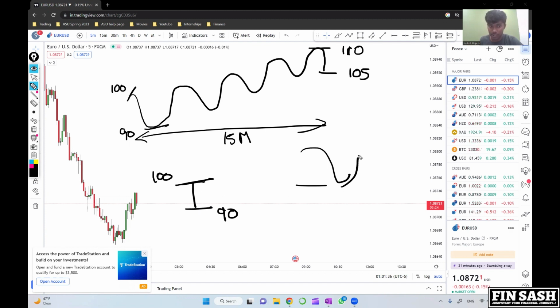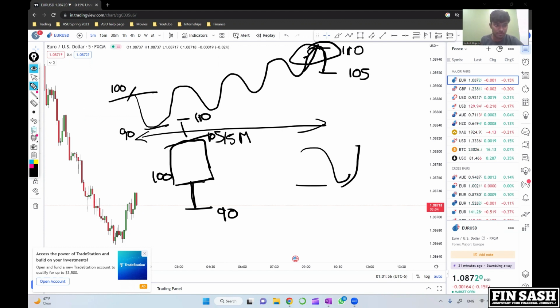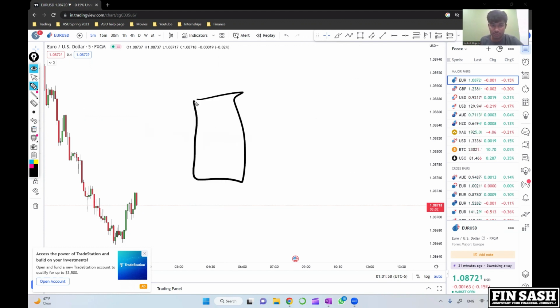And then it again went up, near the open, and it went further up, created a body, but it went this high to create the 110. It created a wick there, so this region is the wick, and it came and closed at 105. So this is how the candlestick pattern would look.